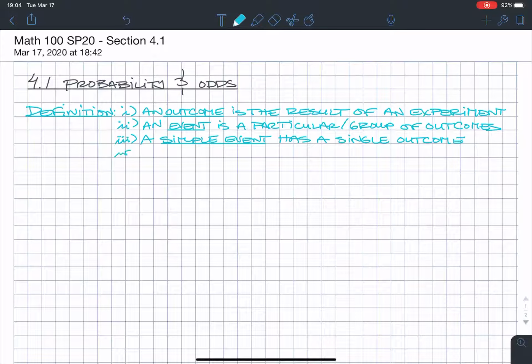And number 4, a sample space. Final definition, a sample space is all possible simple events.